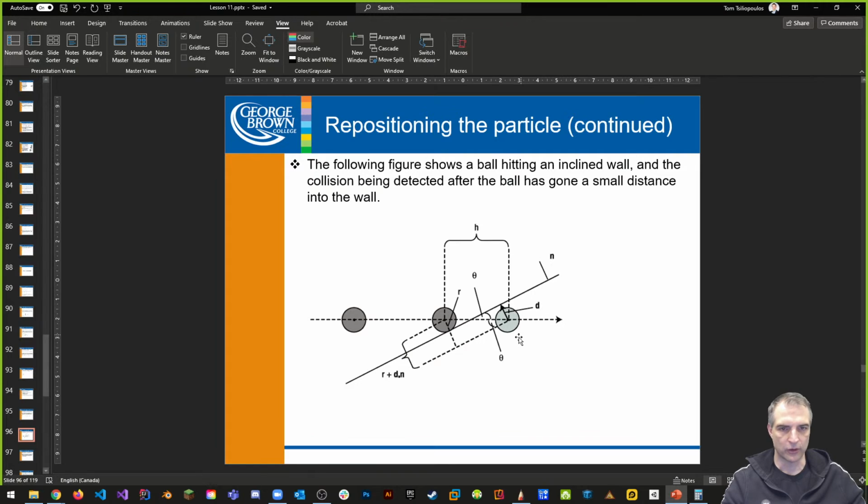Now, one thing to note is that an inclined wall is where it becomes more challenging again. The same principle applies. And so what they do is they use the differences in terms of its trajectory. So we're going to say, okay, here's its trajectory as it's hitting the wall. Wherever the point of contact is, you want to take the ball or the particle from where it hit and bring it back to that frame.